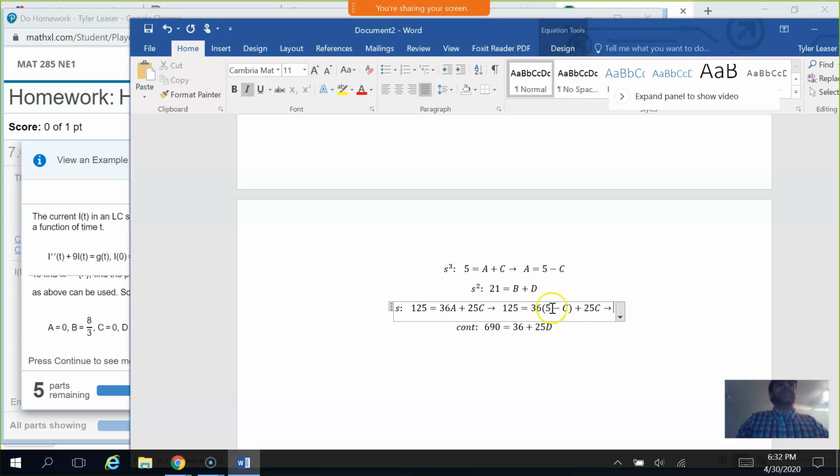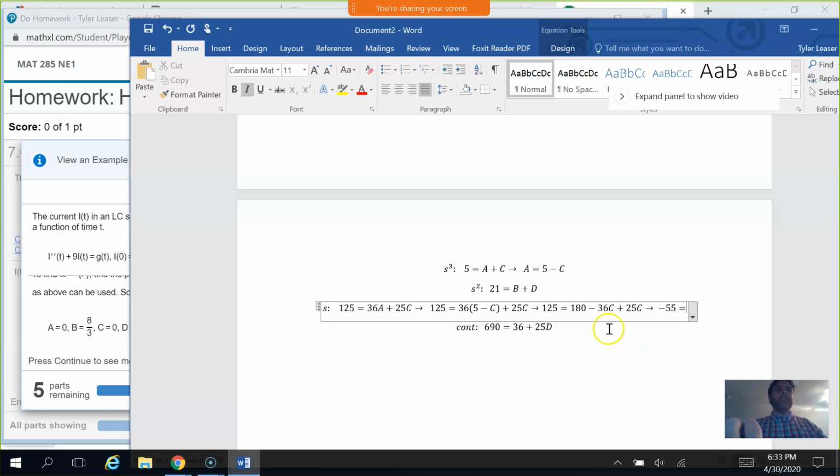Solving this one, multiply the 36 into there. Figure out what 36 times 5 is. 180. Minus the 36C plus the 25C. And then, just combining like terms together, we can subtract the 180 over, which is going to give us negative 55.